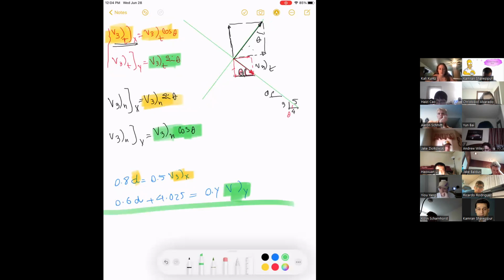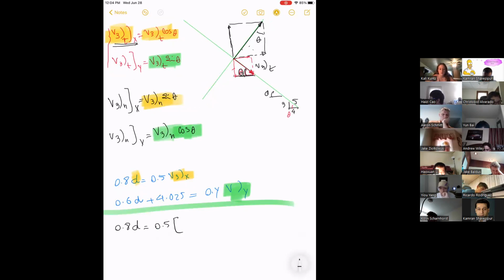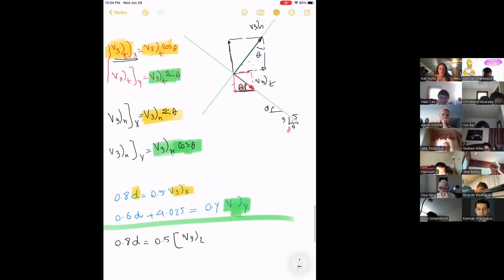And write it down as, okay, 0.8d is equal to 0.5 V3t cosine theta. Let's just put the number. Cosine theta is 0.8, and plus V3n 0.6, this guy.